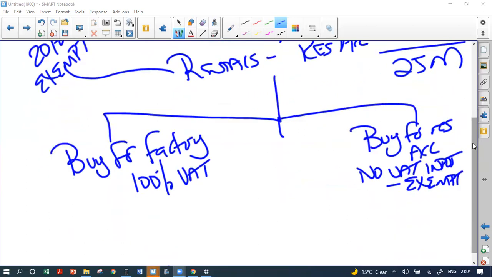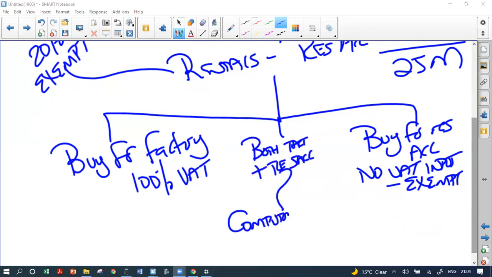And then I could have something in the middle. It's both factory plus residential accommodation. And I'll give you an example of this. This is the computer used by the CFO.